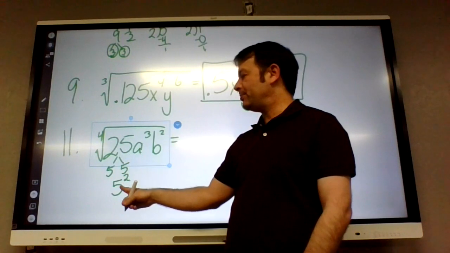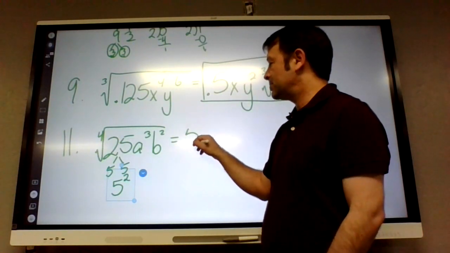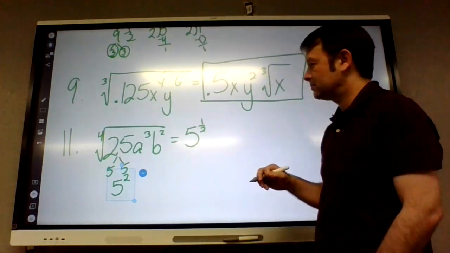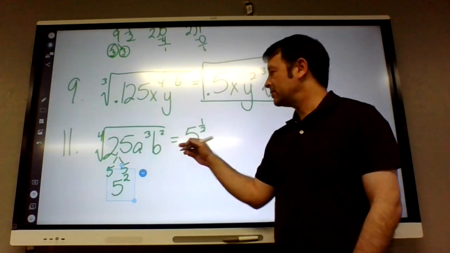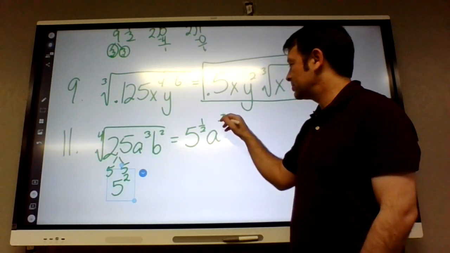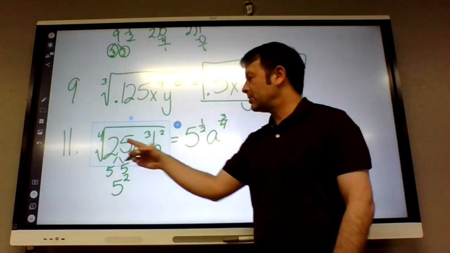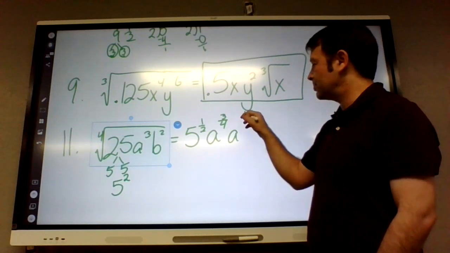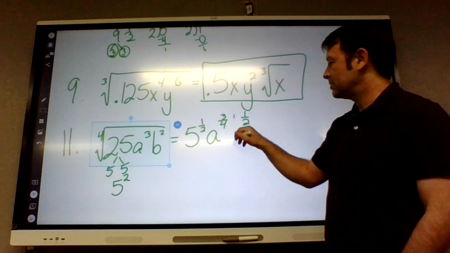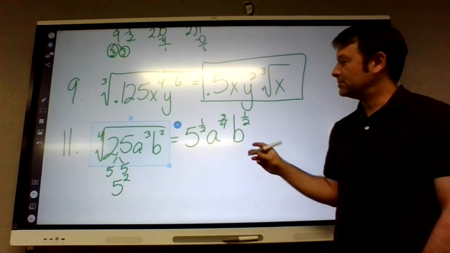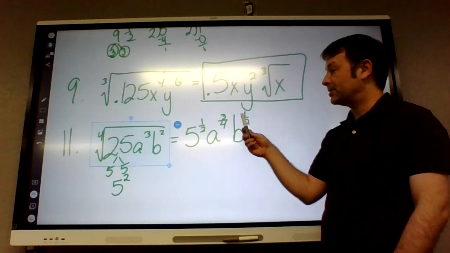So the 25 will become 5 to the 2/4, which reduces to 1/2. So you just put 5 to the 1/2, a to the 3/4, and b to the 2/4 or 1/2. That's called exponential form because all the information is inside the exponent.